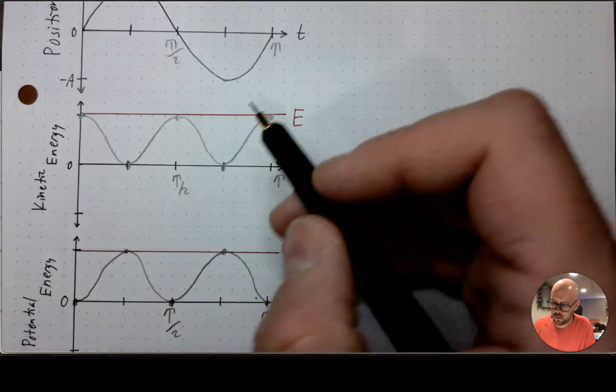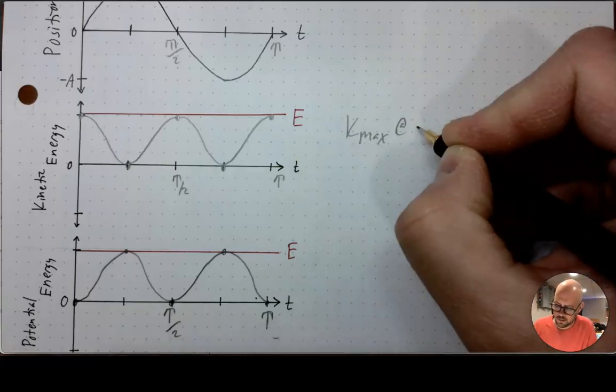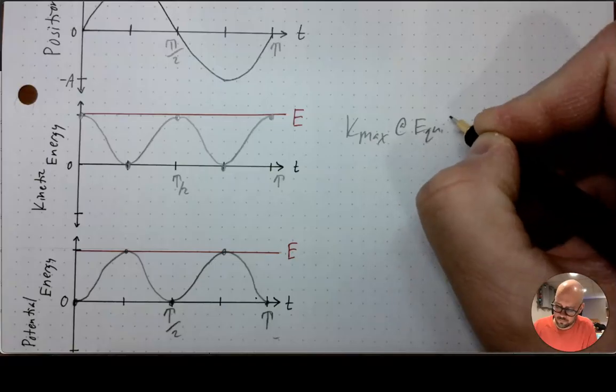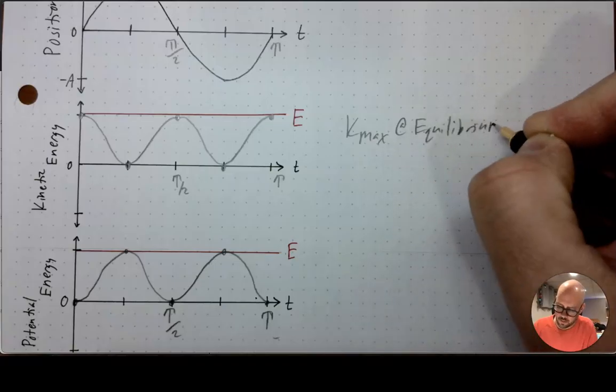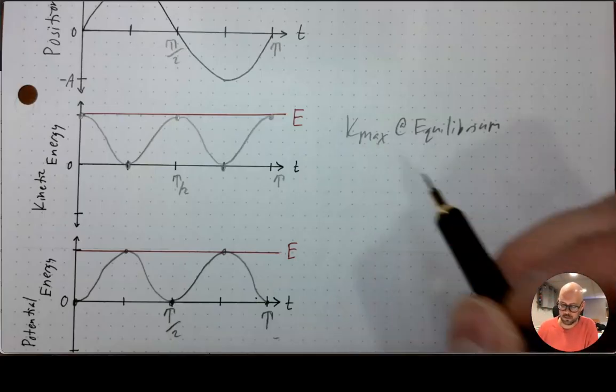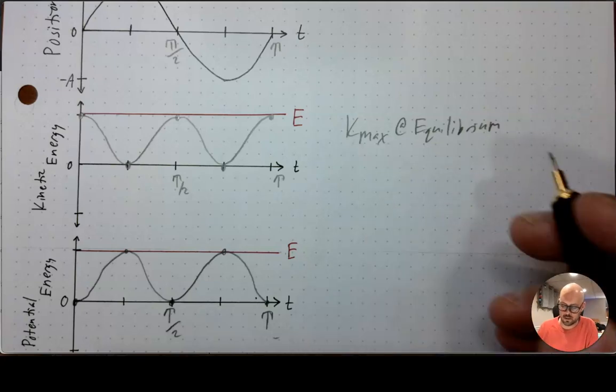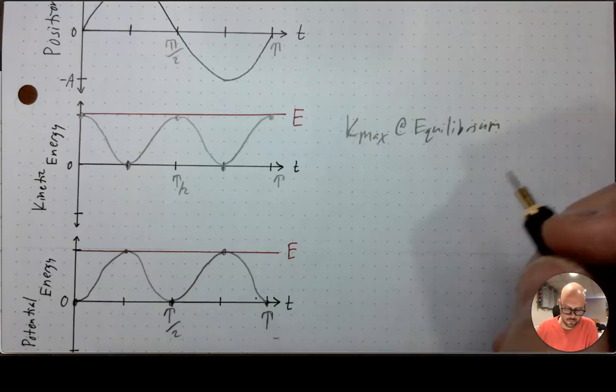All right, to review, for kinetic energy, the maximum kinetic energy is at equilibrium. Now, I will ask you about forces again when we go into class and talk about this. So maybe you're thinking about why would it be going the fastest when it gets to equilibrium, and what does that have to do with forces?